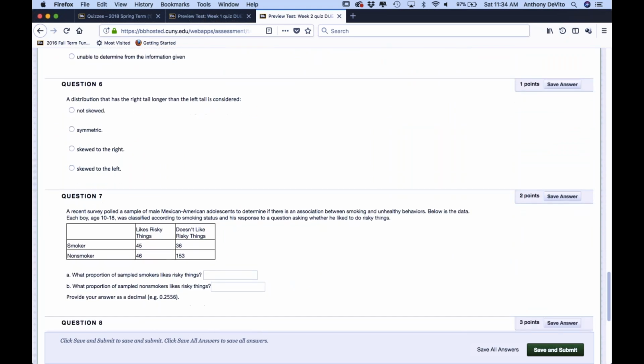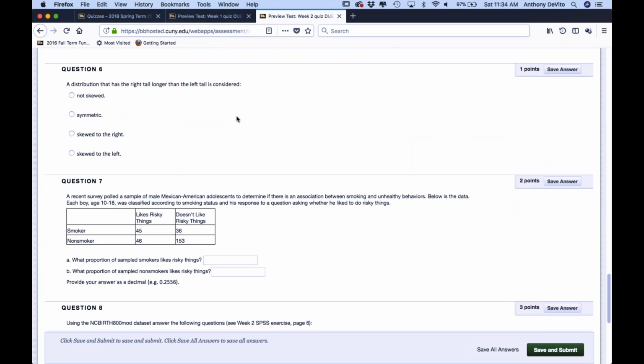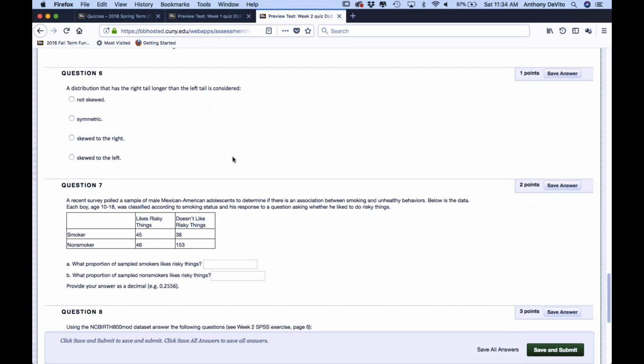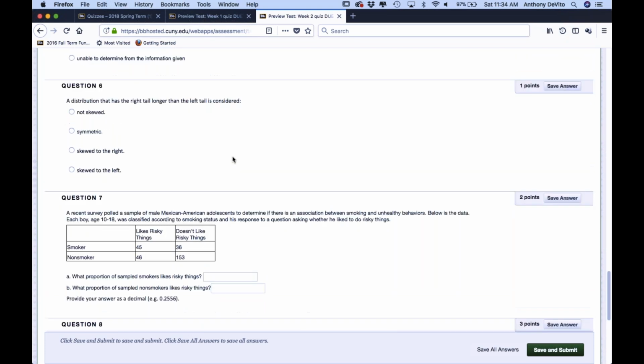significantly larger. Okay, a distribution that has the right tail longer than the left tail is considered. Okay, what about a guess on that? Okay, it's going to be skewed, right? It's going to be right skewed. And why is that? It's going to be right skewed because since the tail is longer to the right, it means we have extreme values in the right.